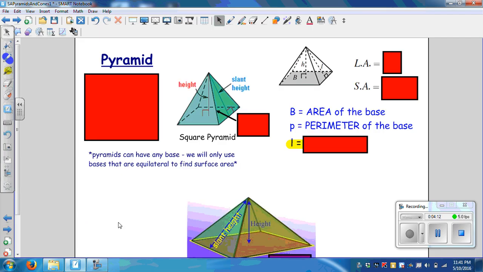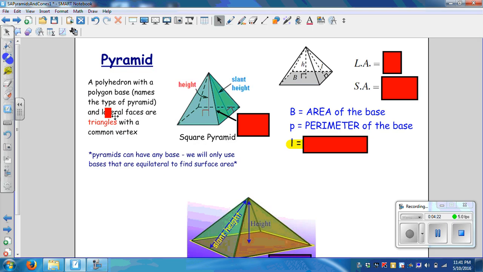Go back to page 7. We're going to fill in the words and information for the pyramid. So we have a pyramid here. By definition, a pyramid is a polyhedron with a polygon base that names the particular type of pyramid. So for example, in this picture, all 4 sides of the base are congruent, so this is known as a square pyramid.